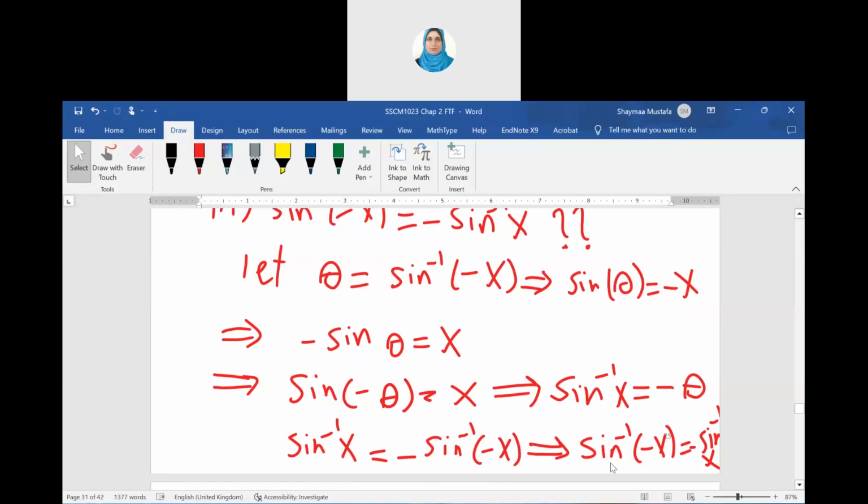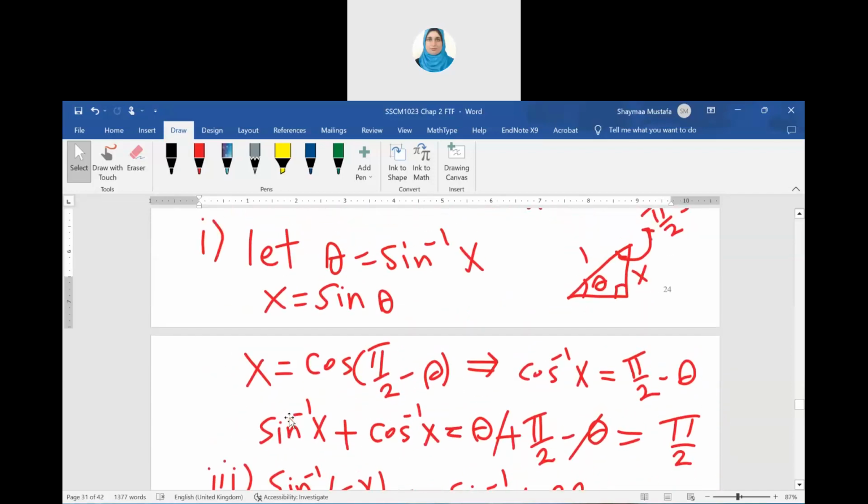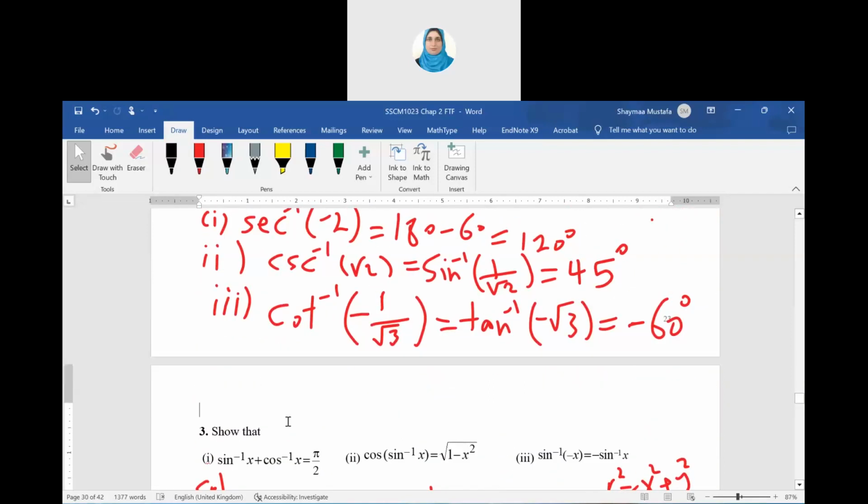Now multiply both sides by minus, so you get that sine inverse minus x is equal to minus sine inverse x. So this is the proof. Any question? Any question in the proof?